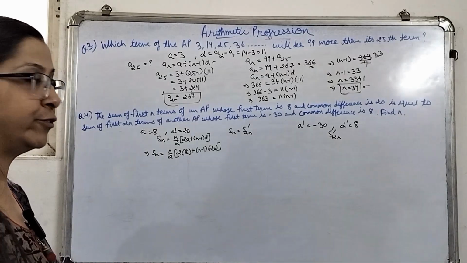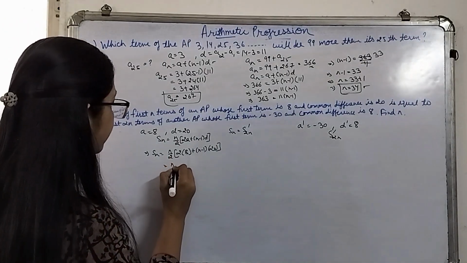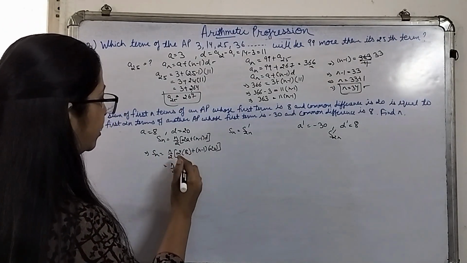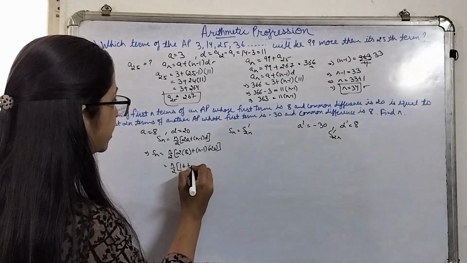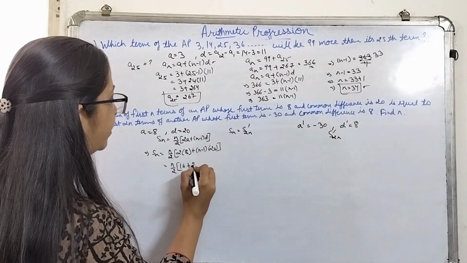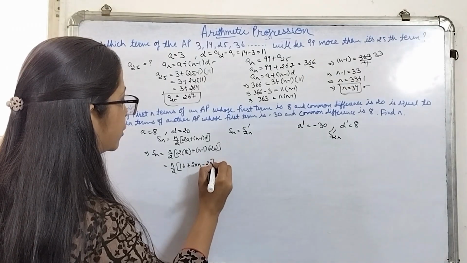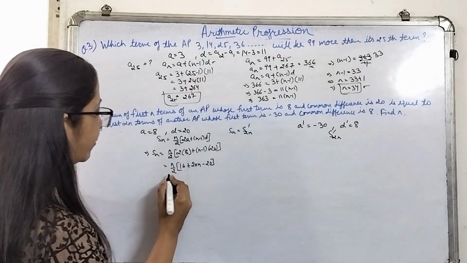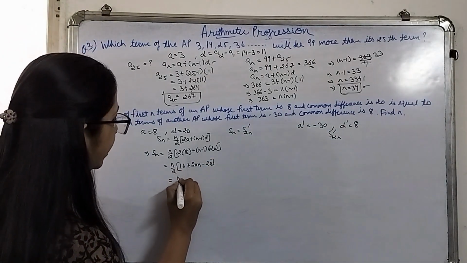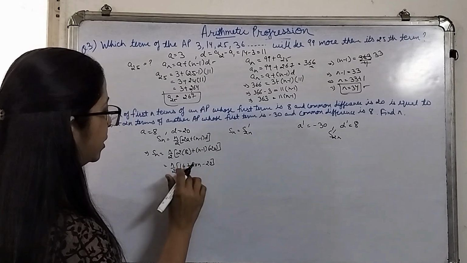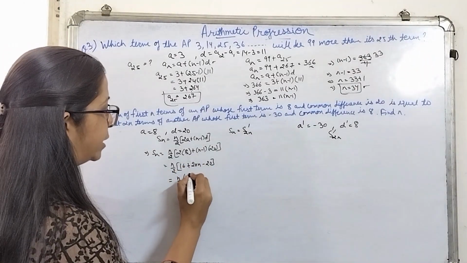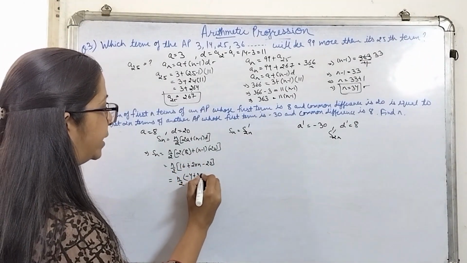Now if we solve it further, it will become n by 2 into 8 twos are 16 plus 20 multiplied by n will be 20n and 20 multiplied by minus 1 will be minus 20. Then further it can be written as n by 2 into 16 minus 20 will be minus 4 plus 20n.